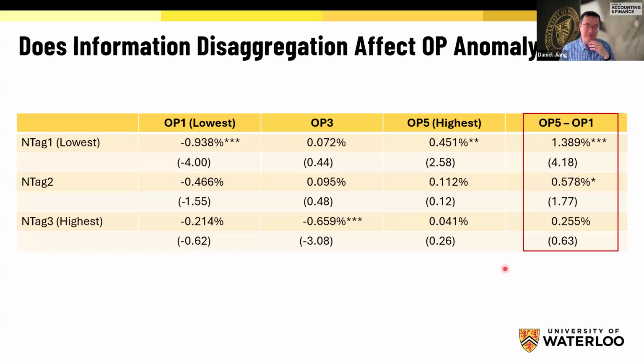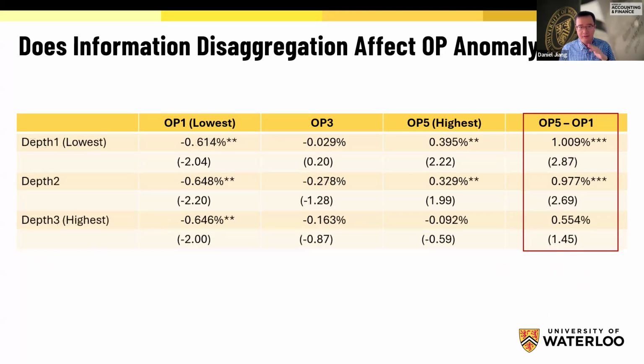And for the tercile of observations with the most OP-related tags, the OP anomaly actually just disappears. And if we switch our information disaggregation proxy from the number of tags to the average level of depth among those OP-related tags, we find similar findings. For the firms that disclose the most disaggregated operating profitability information on their 10K filings, we did not document significant OP anomalies.